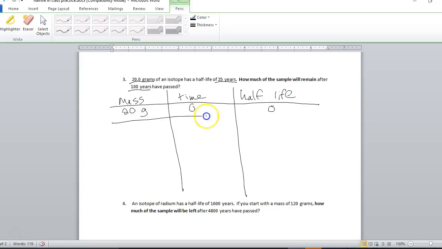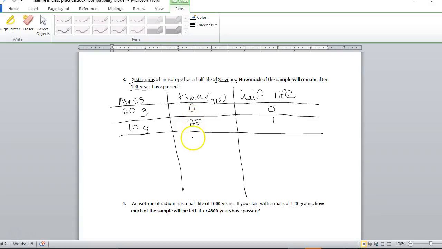We want to know how much is going to remain after 100 years, and we know every 25 years is a half-life. So for time, after 25 years has passed, we'll say all these are years, that would be 1 half-life. And the mass is going to be divided by 2 every time we go down this column. So 20 divided by 2 would be 10.